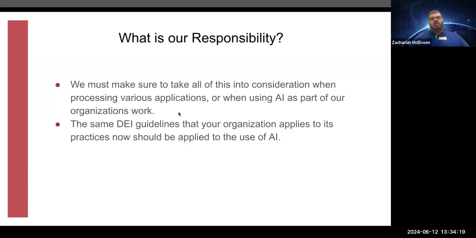The same HR protocols we have in place now, we need to use to influence how we use AI. The same DEI guidelines that your organization applies to its practices now should be applied to the use of AI. If you care about diversity and about equity, then you want to make sure that you're following those guidelines you have in place for how you use AI.